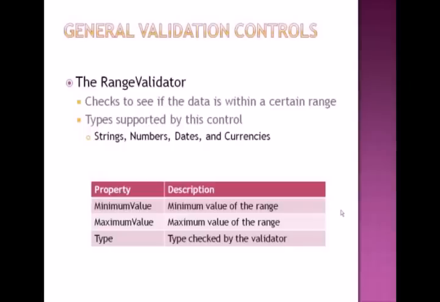The properties that this control has, aside from the common properties, are minimum value, maximum value, and type. Minimum value selects the minimum of the range that you're checking. Maximum would be again maximum, and finally the type tells the validation control to check against what kind of data type. You can set it to strings, integers, doubles, date, or currency.